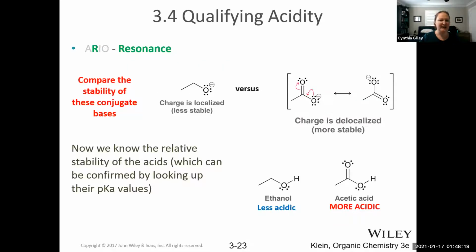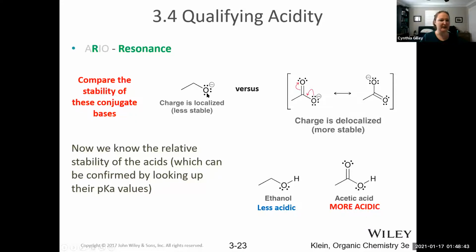But that's because the atom is the same, right? So we're not going to be comparing the atom because when we look at the conjugate base of ethanol, which is ethoxide, and the conjugate base of acetic acid, which is acetate, we notice that the lone pair and negative charge are in both cases on an oxygen atom. So there's no difference in the atom.